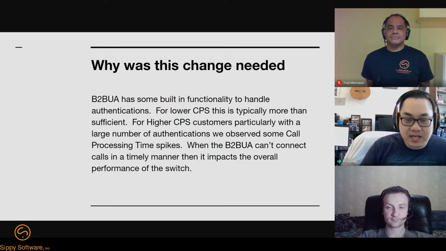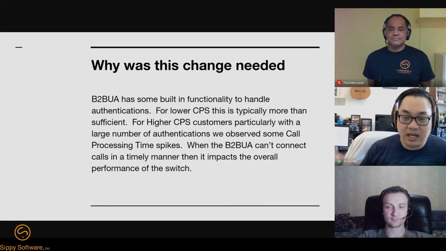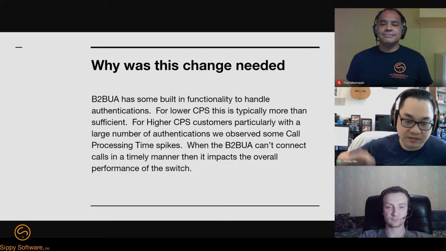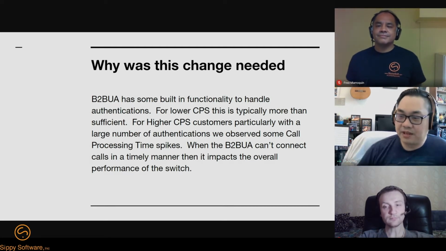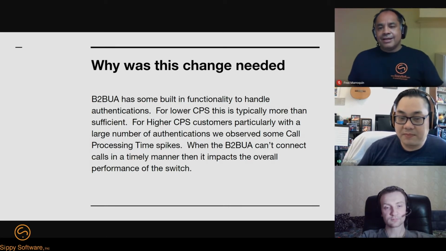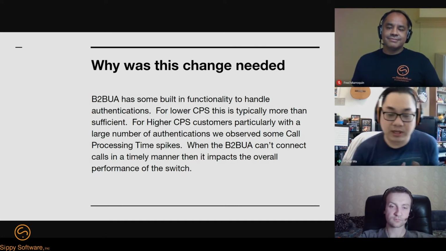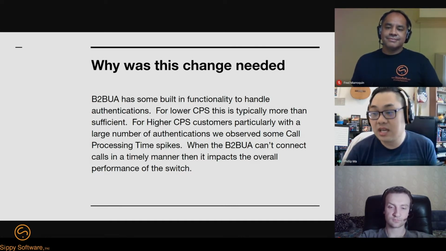For lower CPS customers, this isn't too big of a deal, but for higher calls per second customers who are running their systems on the hot end of things, we noticed that we would see some call processing time spikes in how long it would take to connect each of those user agents.